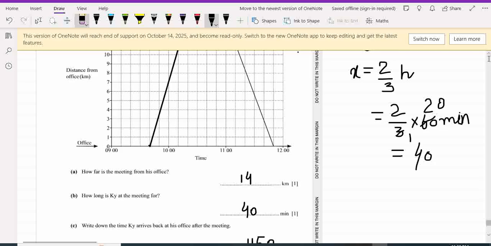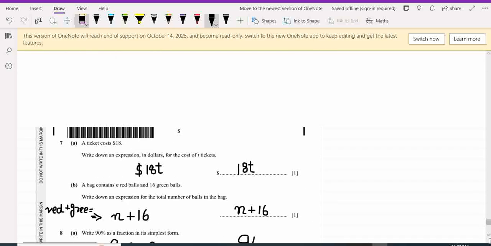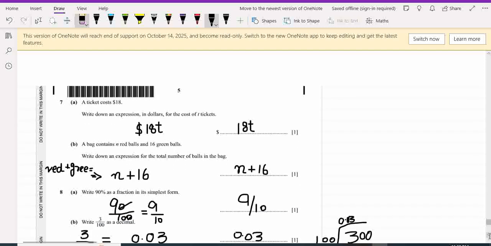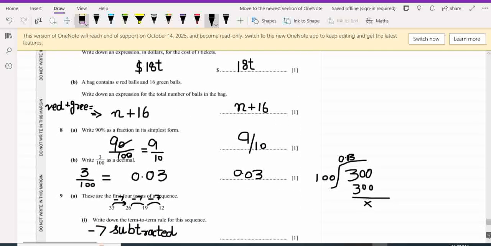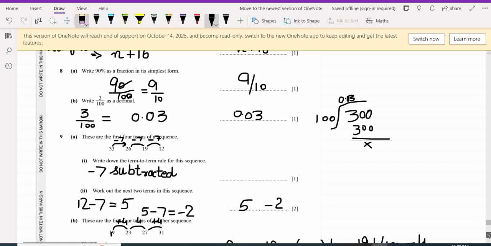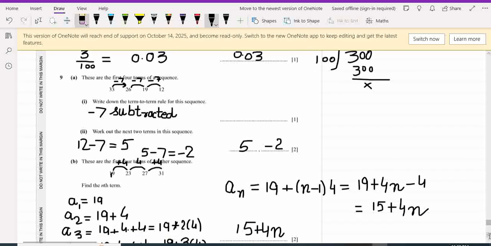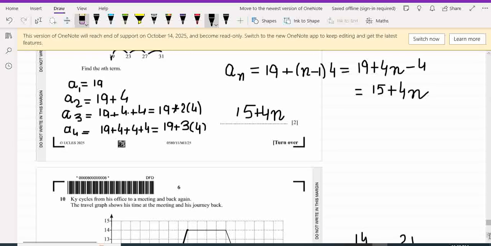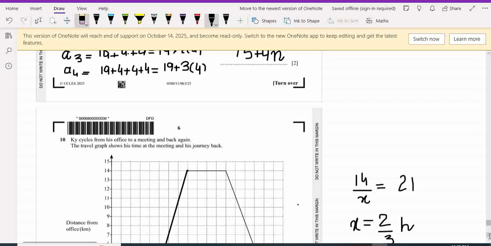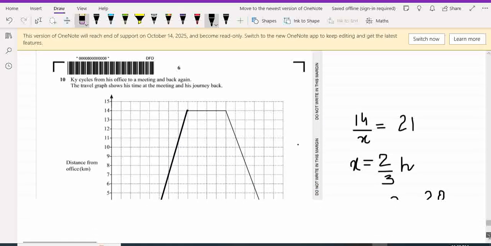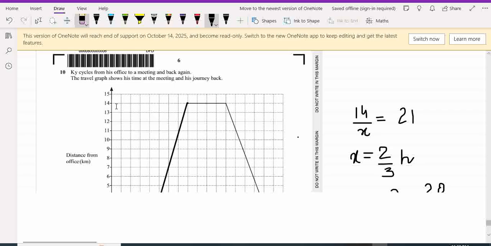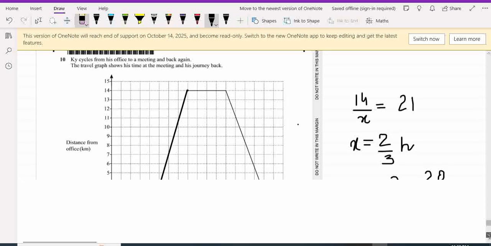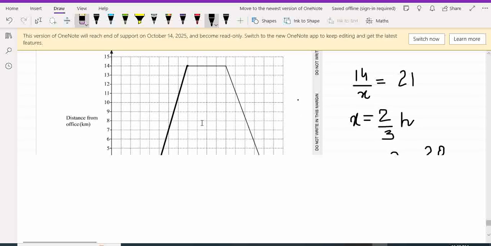The distance from his office. Look here. On the y-axis, distance is shown in meters, sorry, kilometers. So it is here. It is 14.